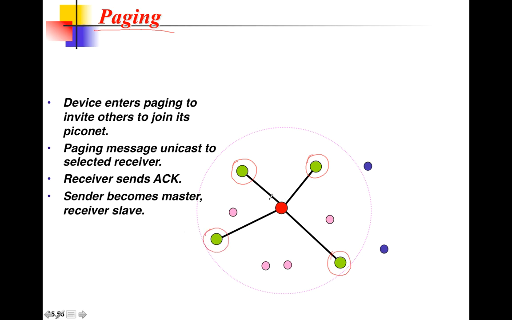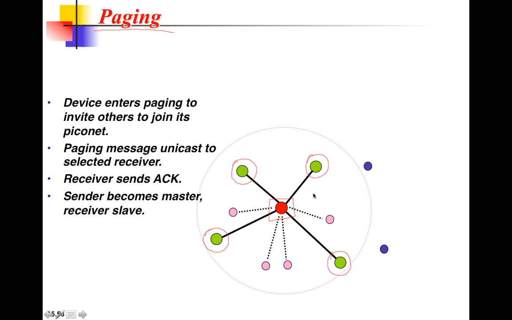So this device is the master primary device, and these are the slaves or the secondary devices. And these are the parked devices. Okay? They have established the communication, the synchronization. They are linked with the primary, but they are not active yet.